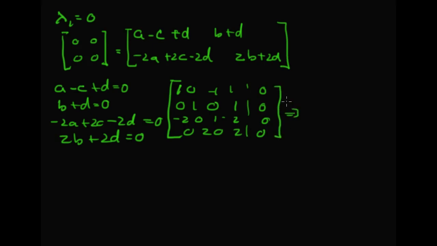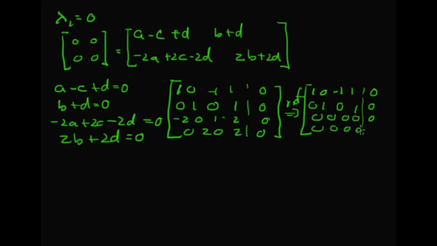And when we Gauss-Jordan, we end up with 1, 0, negative 1, 1, 0, 0, 1, 0, 1, 0, and zeros everywhere else.